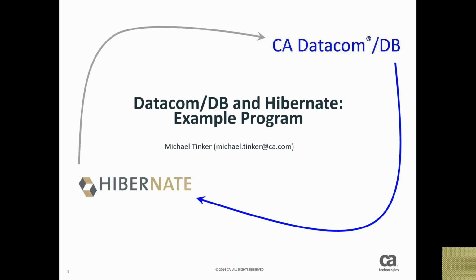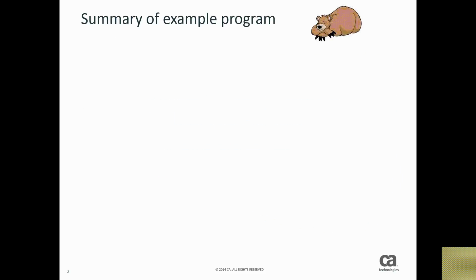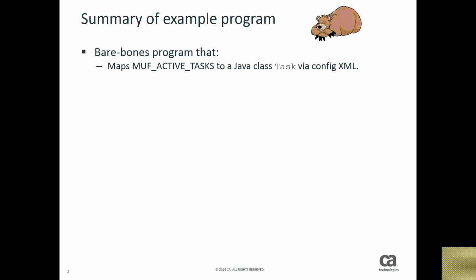This presentation covers a small example program using the Hibernate Object Relational Mapping Library with Datacom. It's a very bare-bones program. It maps MUF active task, a dynamic system table in MUF, to a Java class through configuration XML that Hibernate uses.